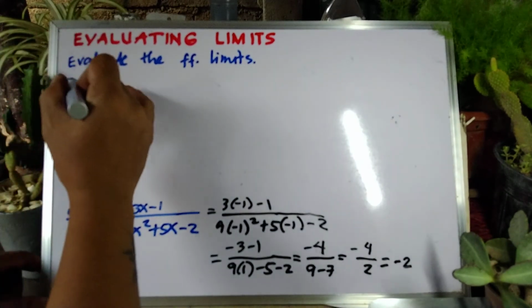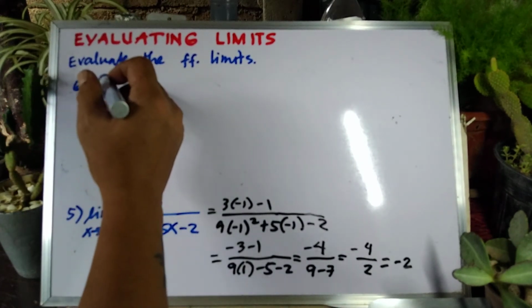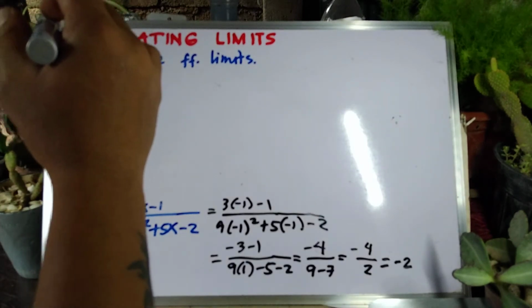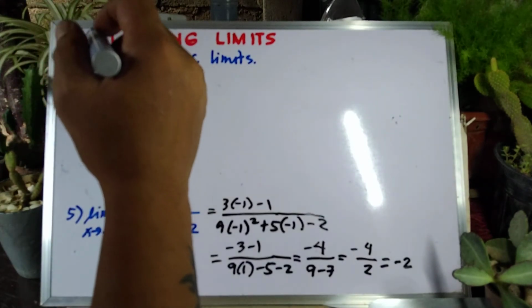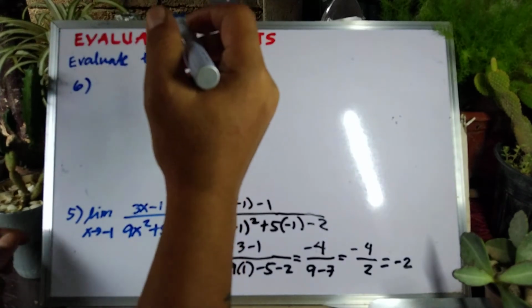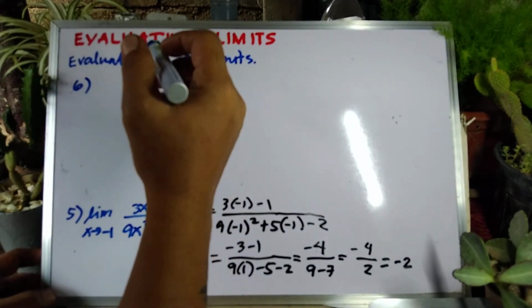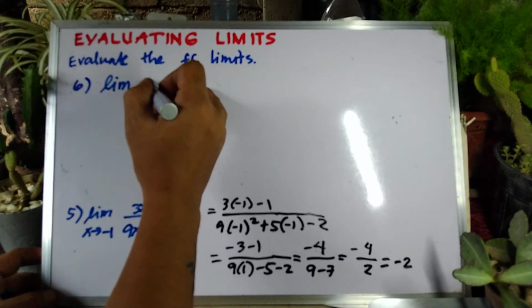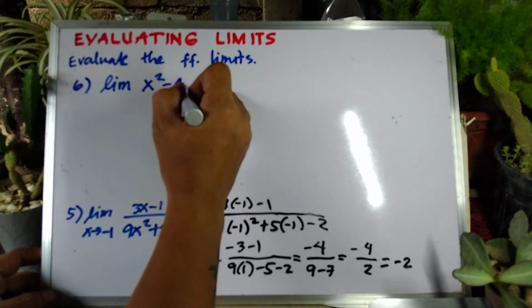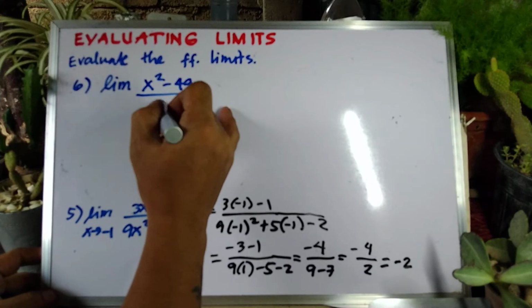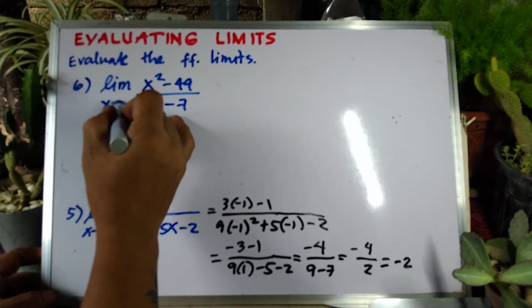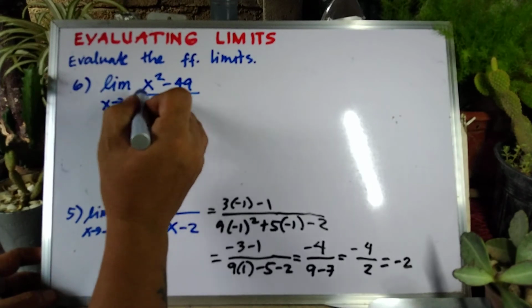Example number 6. You have the limit of x squared minus 49 over x minus 7 as x approaches 7.